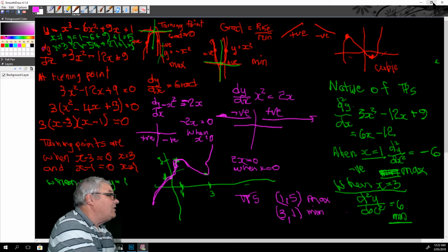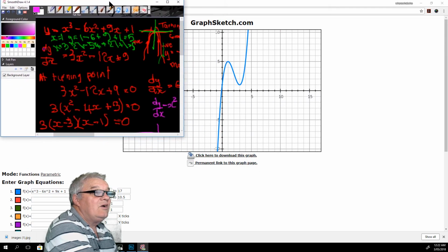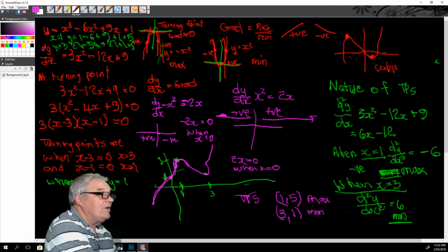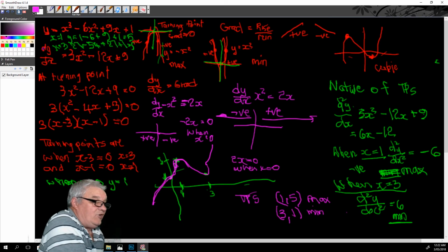I wonder if we can just drop this into here. Perhaps not. Never mind. Okay, so the turning points were at x equals 1 and x equals 3. And we know that tells us there.